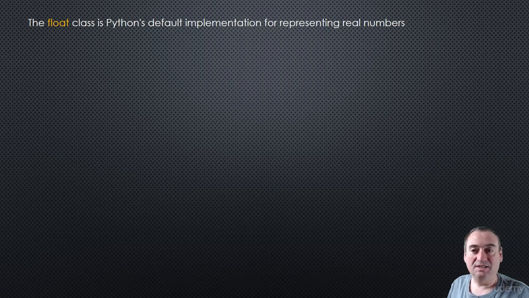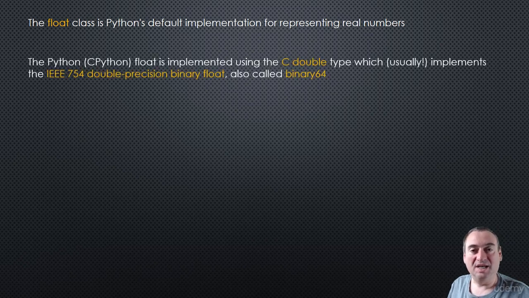But the float is the more common one to use because decimal has some disadvantages, such as speed, it takes up more memory, and it's a little bit more complicated to use. Now the Python float, and I'm talking about CPython in particular, is actually implemented using the C double type, the double precision floating point type in C, which is usually implementing an IEEE standard for floats, and it's this standard here, the IEEE 754 double precision binary float.